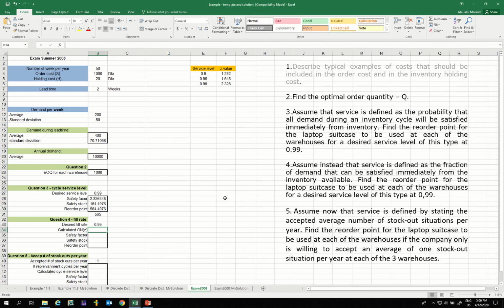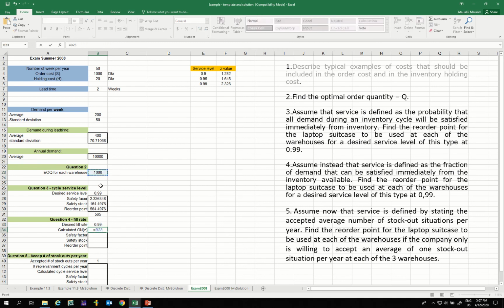It is just similar to the example that we solved. So we will start with the calculation of Gn of z. If you remember, it was Q. Here we have the Q equal to 1000.